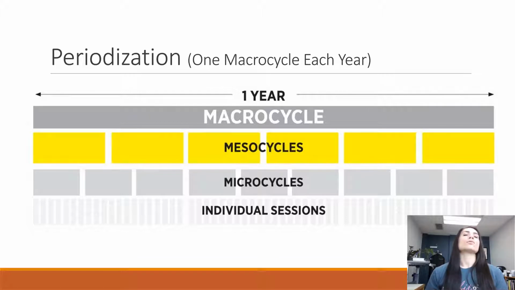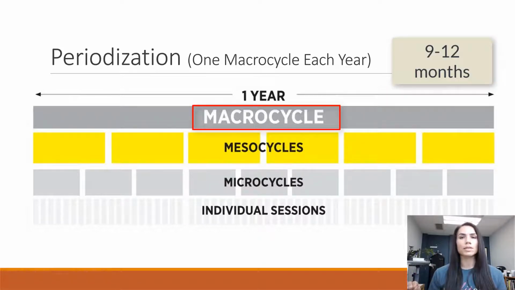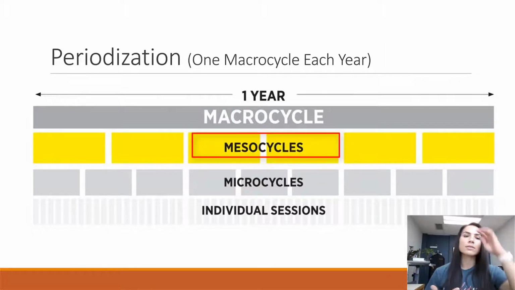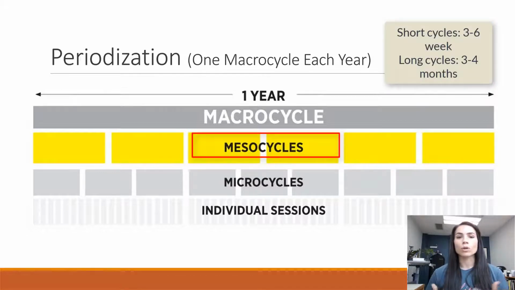Now, when you think about what periodization is made up of, it's made up of multiple different components. Within about a 9 to 12 month period, you have your macrocycles. Then within that macrocycle, you actually have these multiple mesocycles. And mesocycles last anywhere between 3 to 6 weeks, or all the way up to 3 to 4 months, depending on what you're training for.